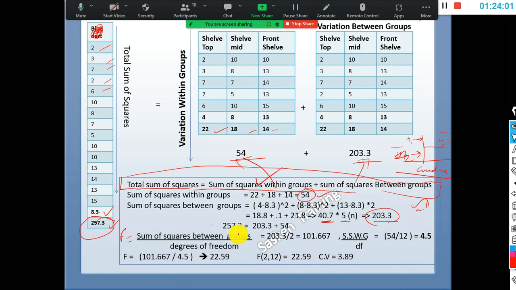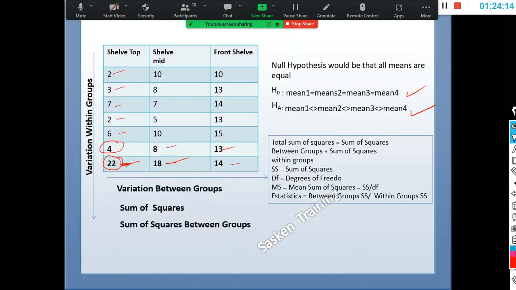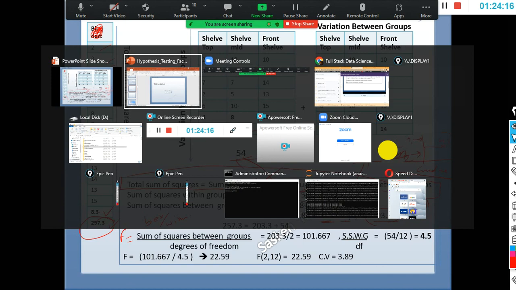Okay, this is your F statistic. Sum of squares between groups divided by within groups. Okay, so between divided by within. You need to remember this. So when I talk about this, you need to picturize this one.